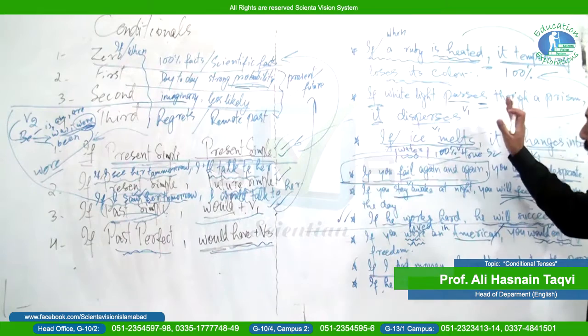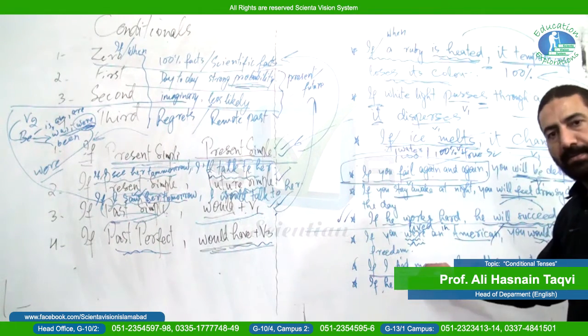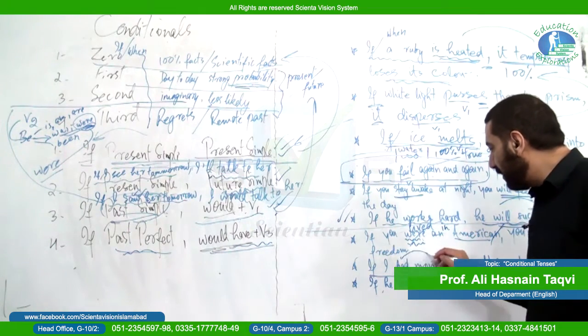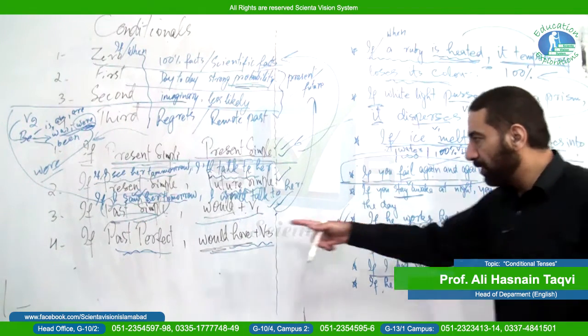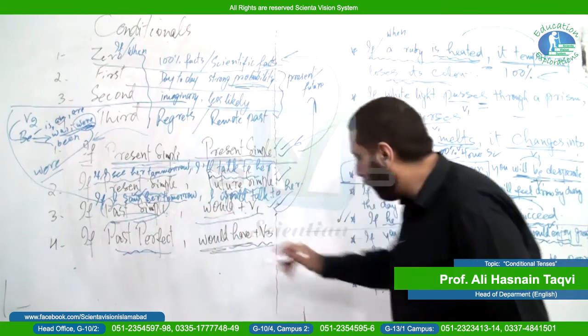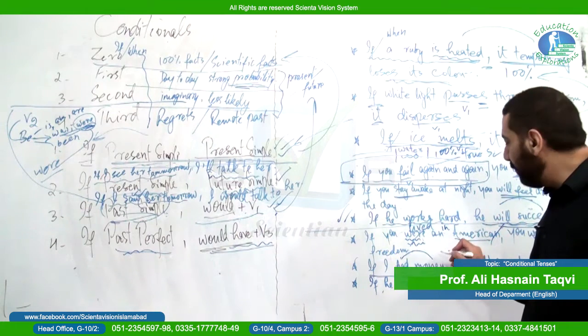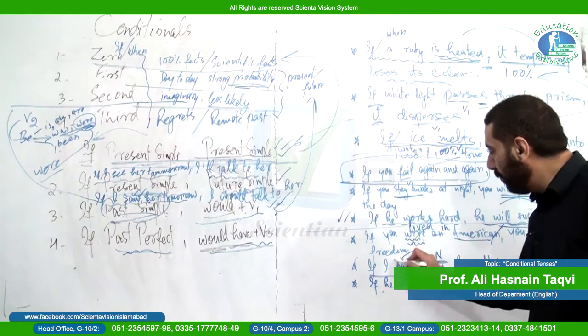I told you initially that at times we get confused by seeing had. We should not consider it past perfect, because past perfect in if clause is possible, but it is past simple. Why? For the sole reason that it is not followed by V3. Instead, it's a noun. So this had structure is V2.